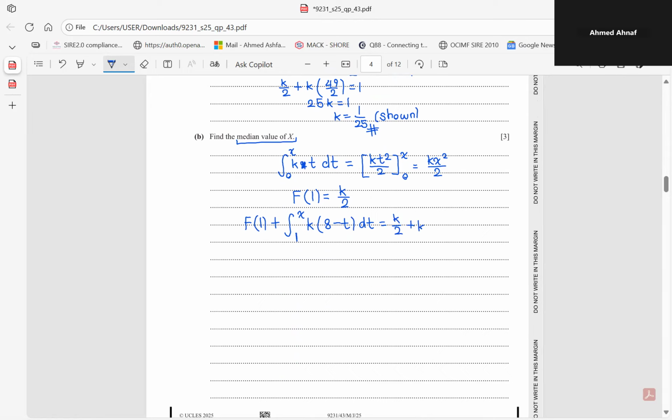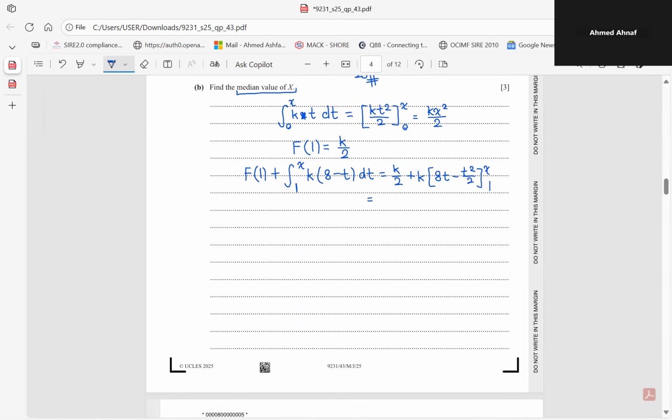We remove the k and integrate 8 minus t, so you get 8t minus t squared over 2, from 1 to x. You would get k over 2 plus k times (8x minus x squared over 2 minus 8 times 1, that's minus 8, minus minus, so plus 1 squared over 2, so 1 over 2).